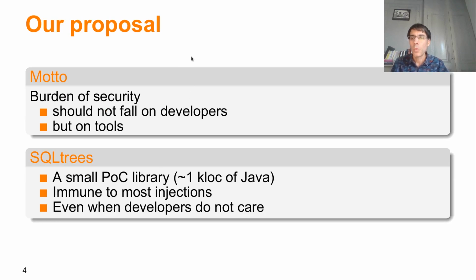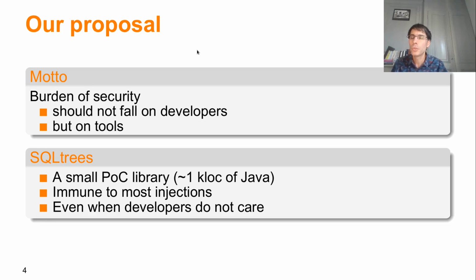So why do we want to propose a tool to prevent injection? Well, our motto is that the burden of security should not fall on the shoulders of the developers. They don't have time for security, they don't have the knowledge about security. So security should rely on tools.